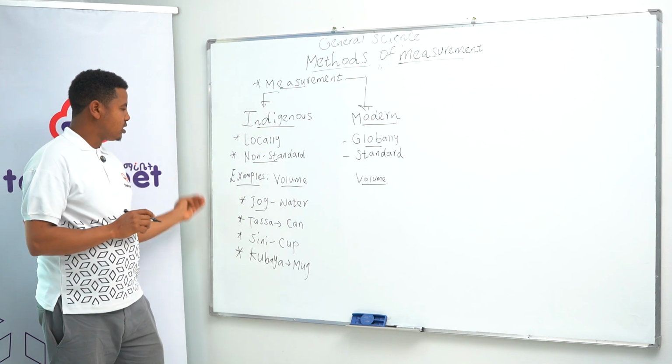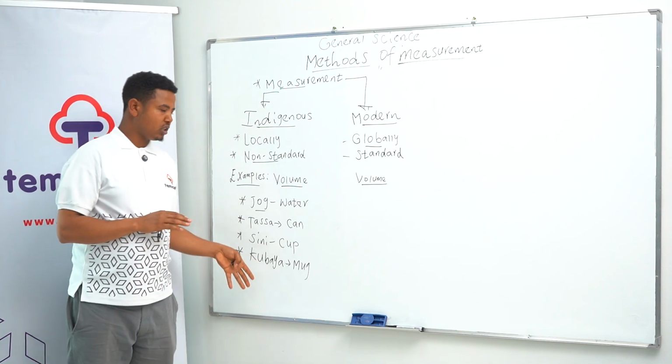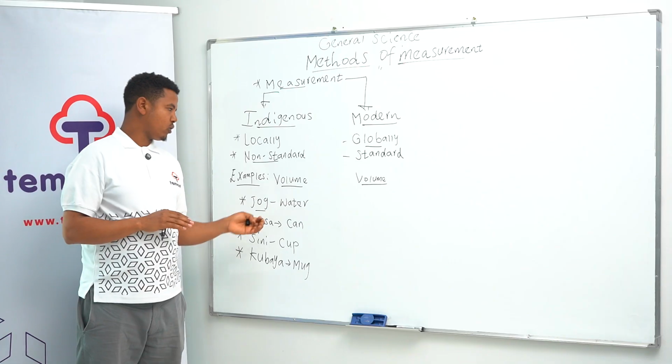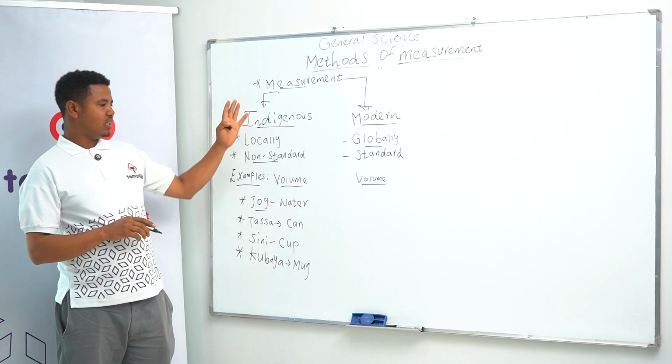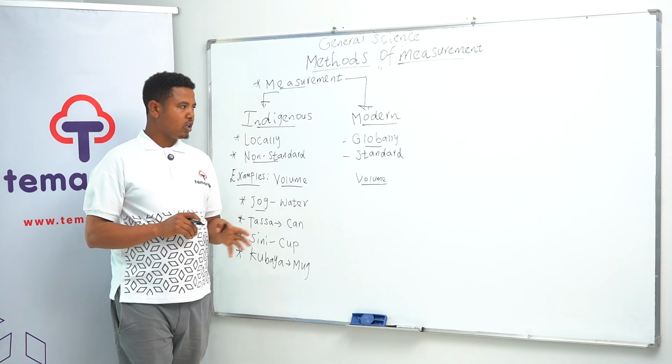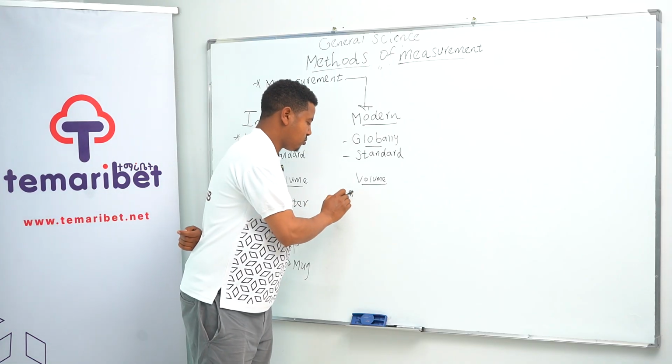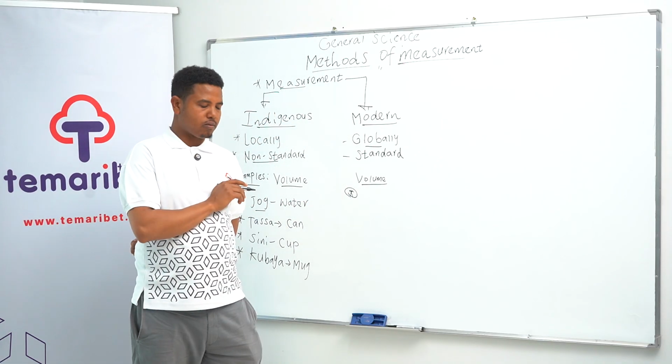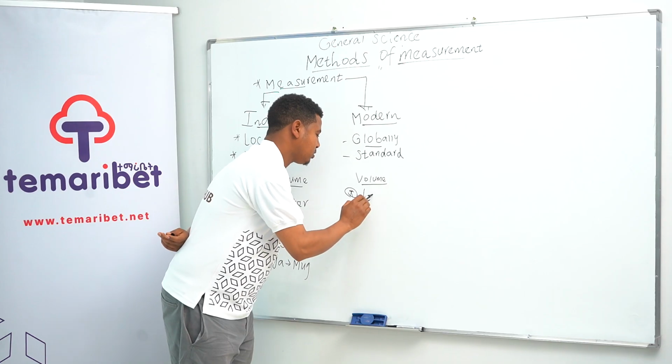All these are the measuring units of volume which are used in the indigenous method. When you come to the modern, there is a standard unit for volume, which is liter.